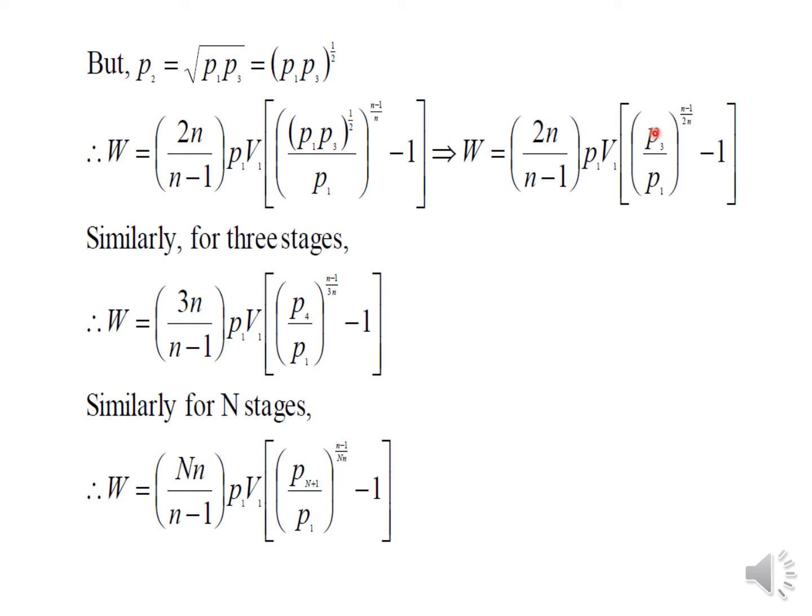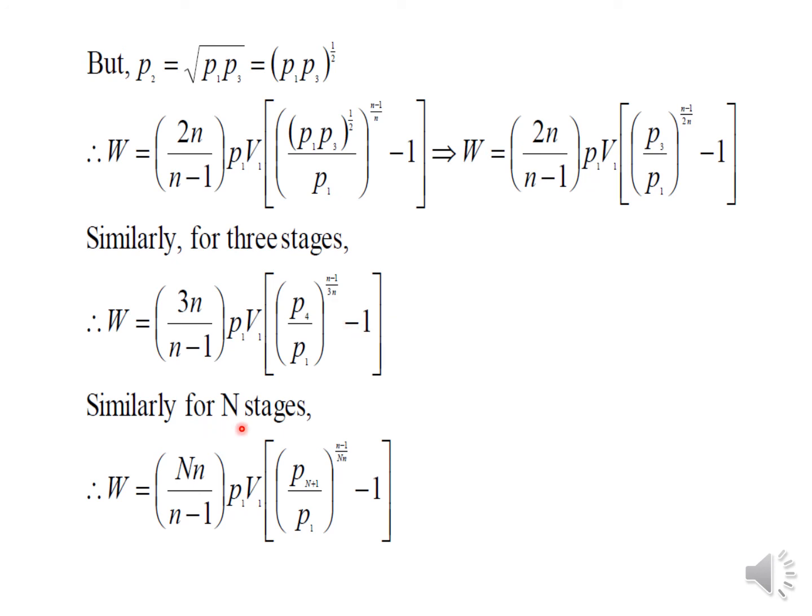Wherever 2 is there, it denotes two stage. If I substitute 3 here and 3 here, it becomes three stage, but the pressure ratio should be final by initial: if it is 3 stage, P4 by P1, and if it is 5 stage, P6 by P1, but here it should be 3 and 3. So for 3 stage, where it was 2n, it is 3n, n minus 1, P1 V1, P4 by P1 raised to n minus 1 divided by 3n, minus 1.